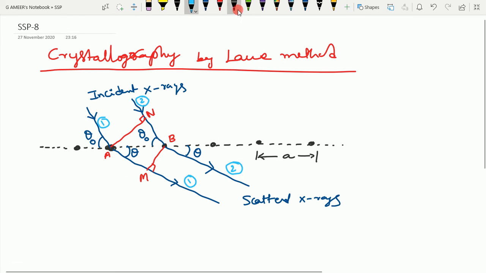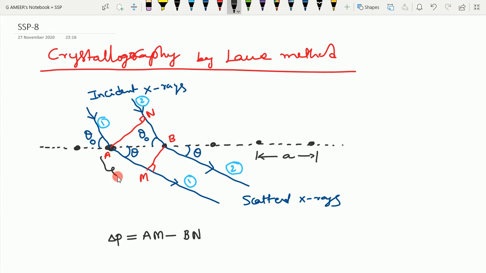The path difference between the two interfering rays will be AM minus BN. This is the extra path distance. The net path difference is AM minus BN. This optical path difference we need to calculate.